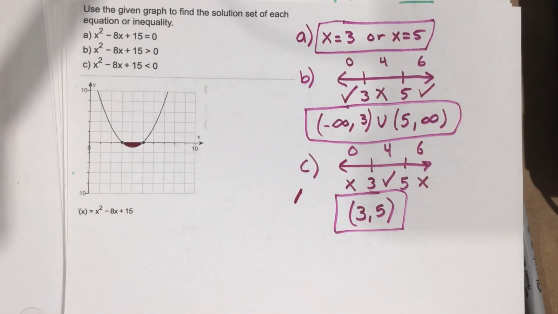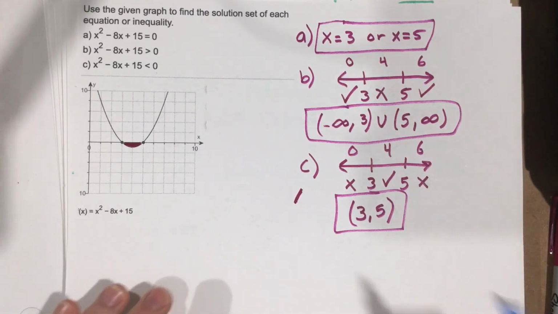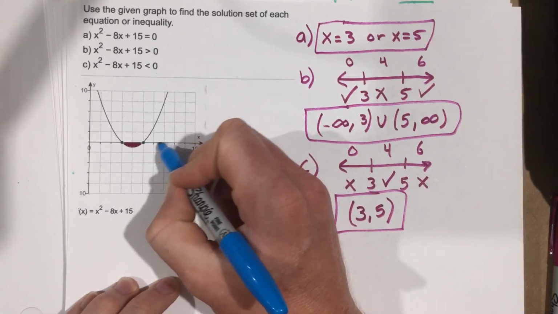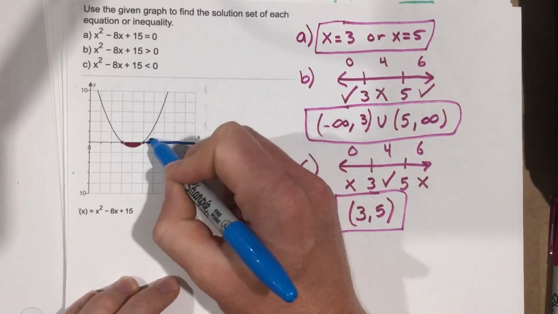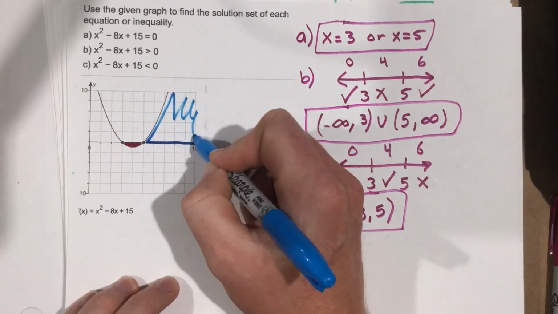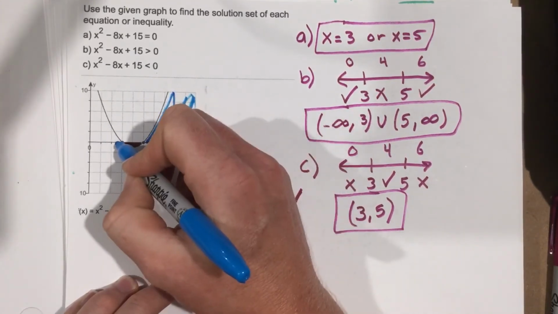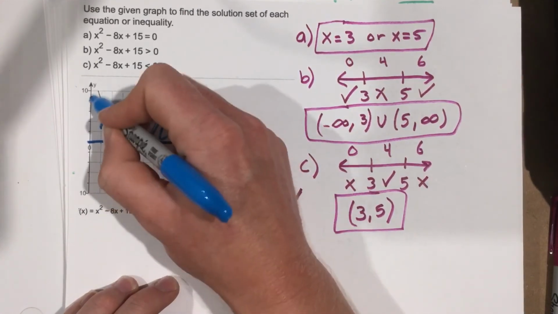But if we're looking at greater than 0, our solutions are going to go from the x-axis right here. They're going to go up this direction, and then same way this direction.